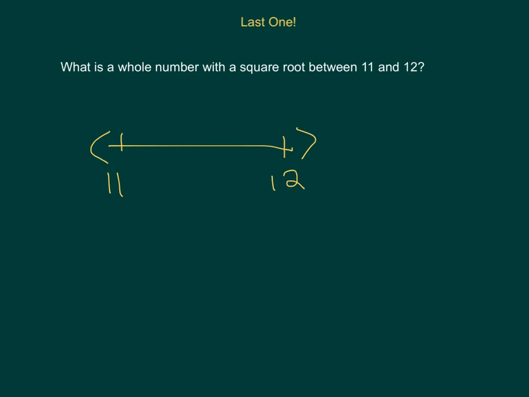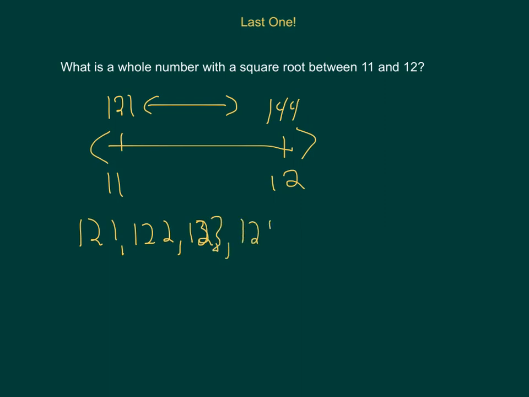We have to find the perfect squares for each number. So the perfect square for 11 is 121. The perfect square for 12 is 144. And all we have to write down is any of the numbers in between here. So that would be like 121, 122, 123, 124, and so on. Okay?